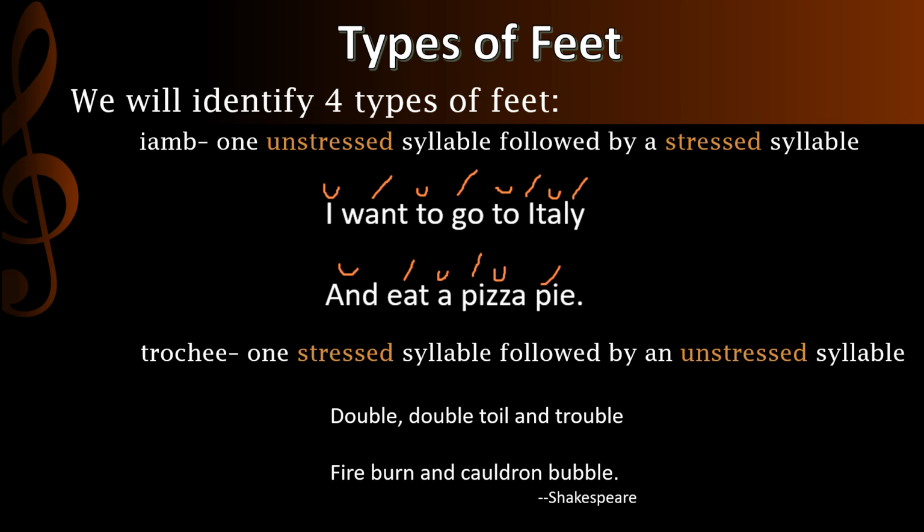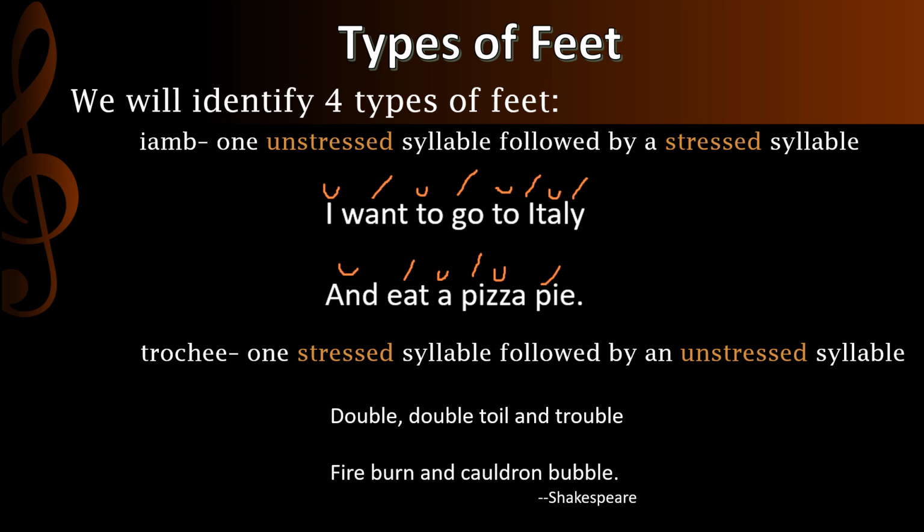I want to go to Italy and eat a pizza pie. So when you say pizza, the stressed syllable is on the P, right? Pizza, and then z is not as stressed. So those are iambs. Each unstressed syllable followed by a stressed one is an iamb. I want to go to Italy and eat a pizza pie.